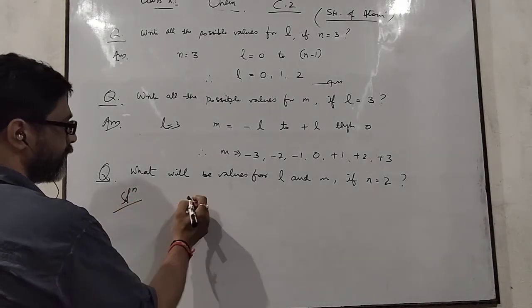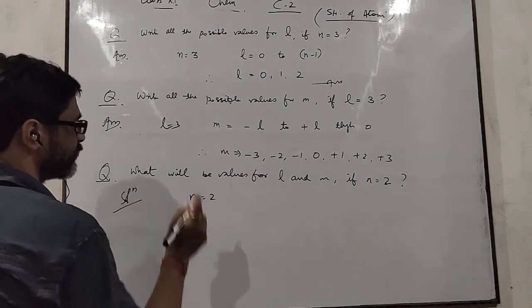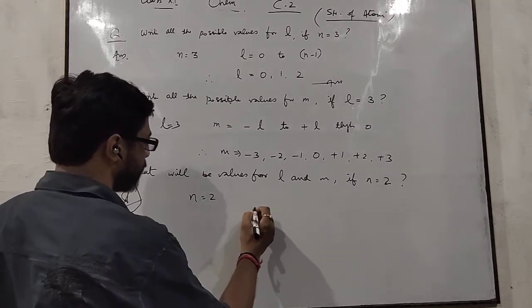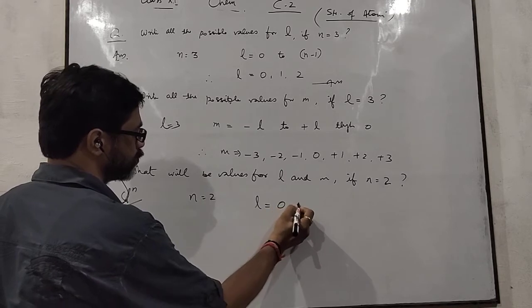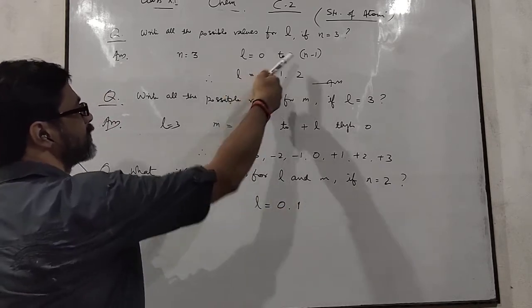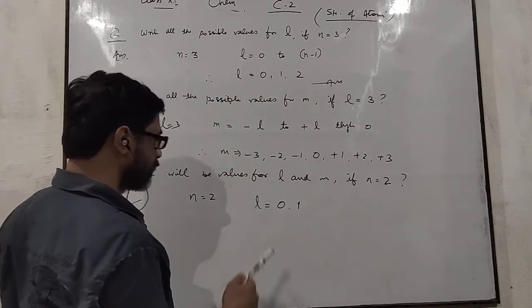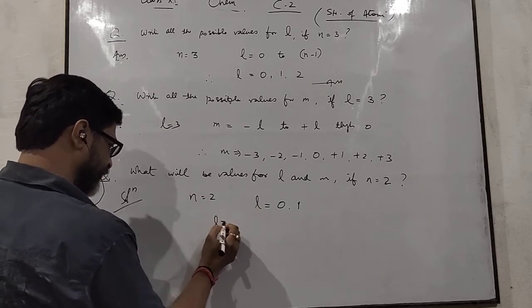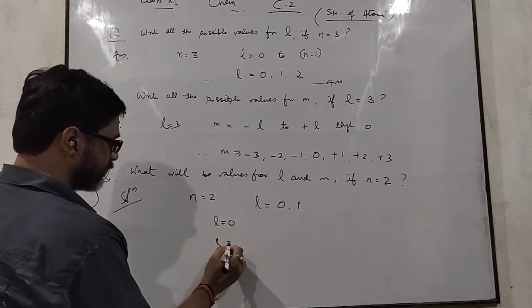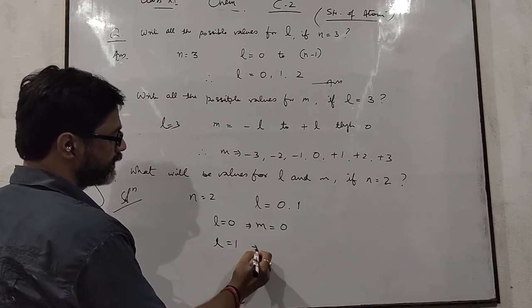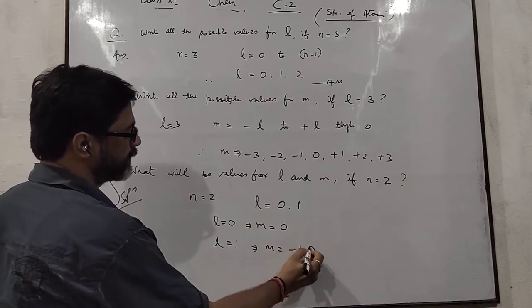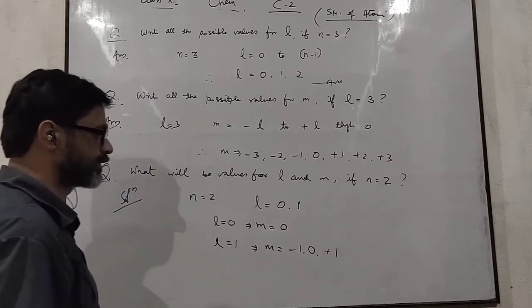Solution: n equals 2, then first of all you write the values of l. The values of l will be 0 and 1. And if l equals 0, the value of m will be 0, and if l equals 1, the value of m will be minus 1, 0 and plus 1.